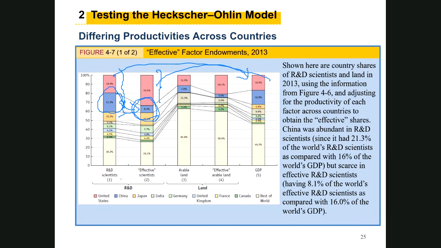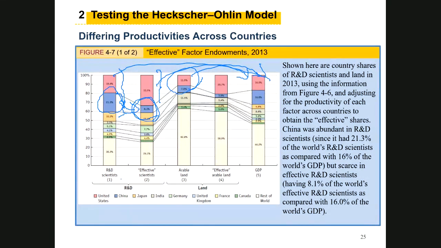Okay? Another example of adjustment to determine which country is abundant in which factor is land. Previously, we said that the U.S. is scarce in arable land, which doesn't make a lot of sense.